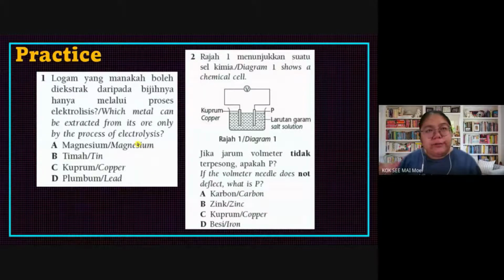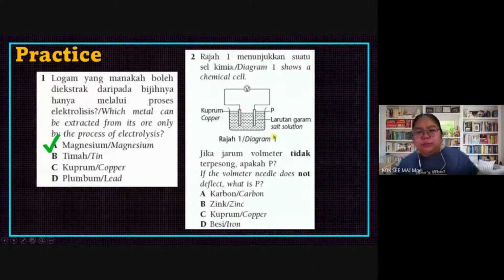Remember, the ore is the first process, extraction. So extraction means they choose the more reactive material. Remember the top 5. The top 5 should be magnesium, because you see the tin, the copper, the lead is the bottom one. So for extraction by electrolysis, we need to choose the more reactive one. So the top 5 must be chosen.